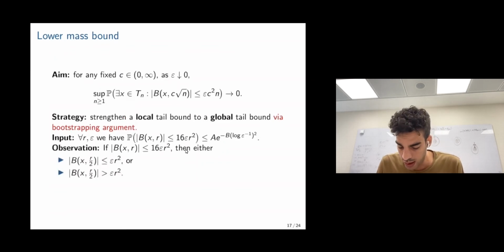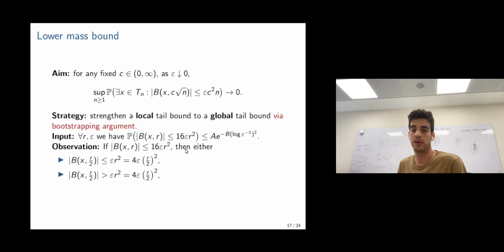And then we do the following. We say, okay, if there is some vertex in the metric space, in the tree, that sees less than 16 epsilon r squared vertices, then we go on to the next scale.